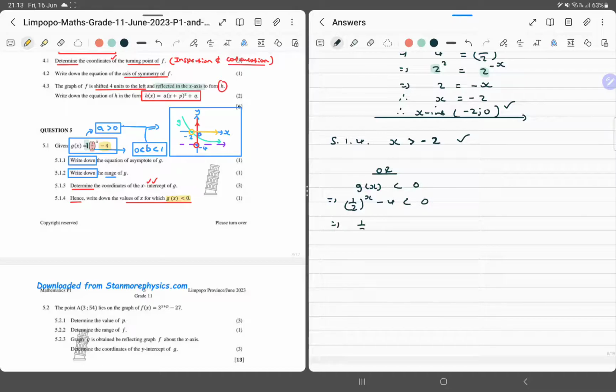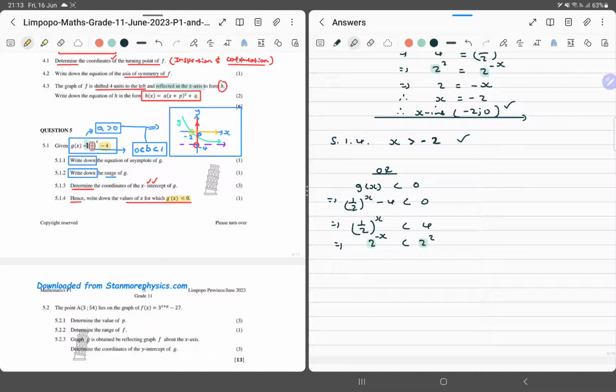You just have (1/2)^x is less than 4. Okay, just simply do the same thing. This is 2^(-x) is less than 2 squared. All we wanted is to do this.